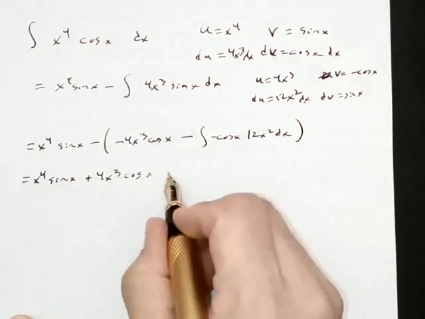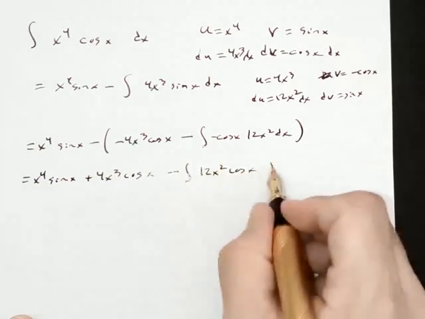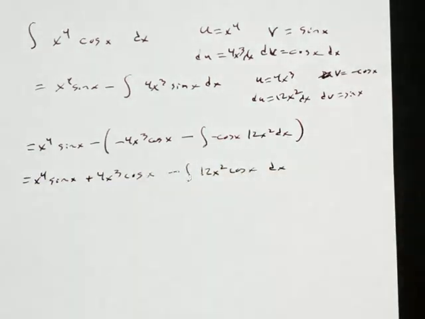Minus, minus, minus, that's 3 of them, so that's a minus sign. 12x squared cosine x dx. There's my third integration by parts.